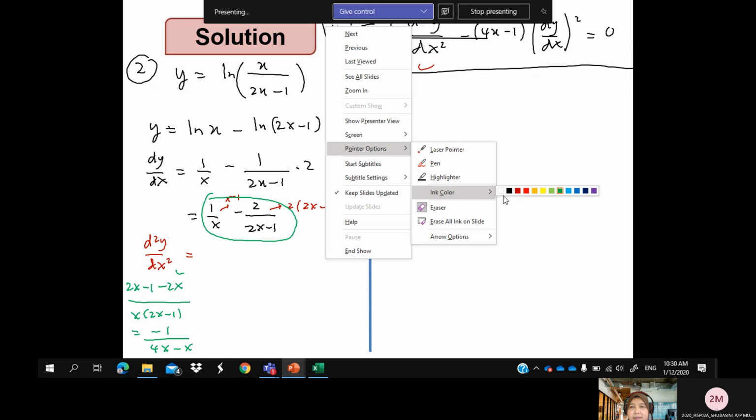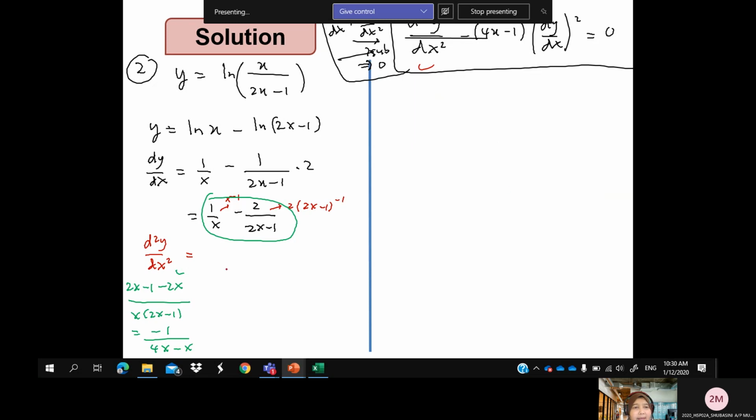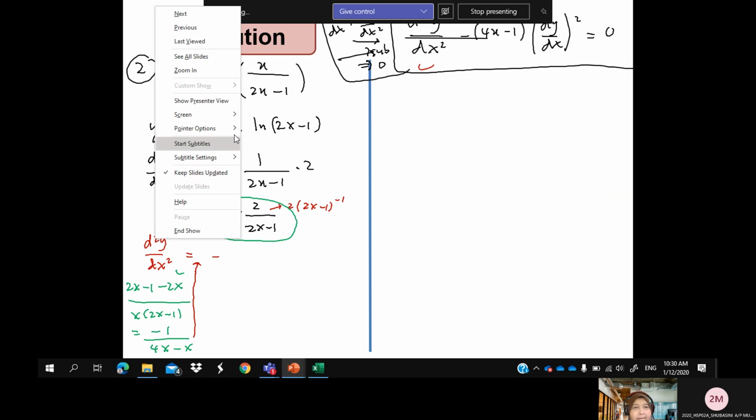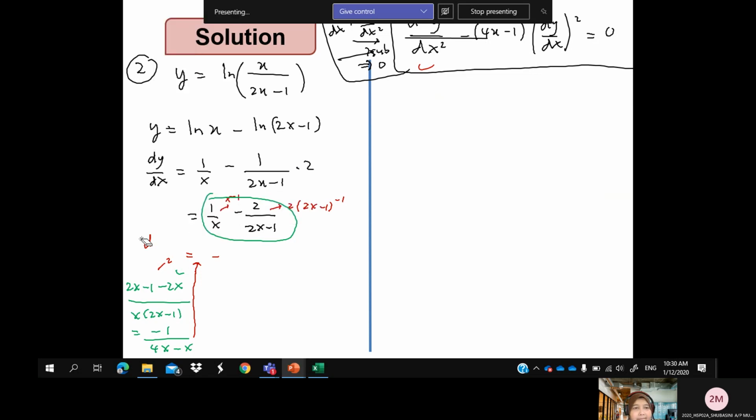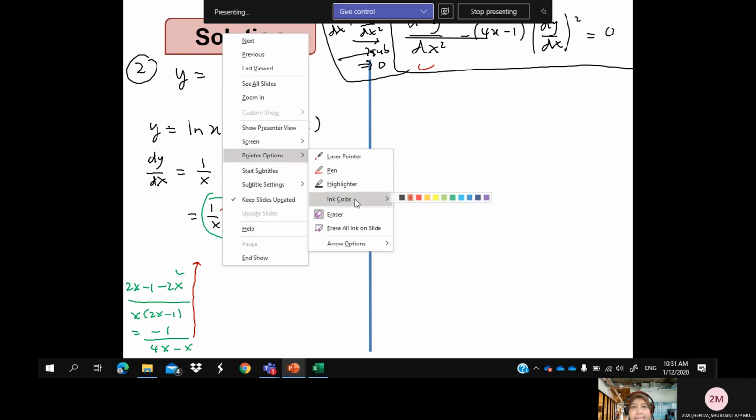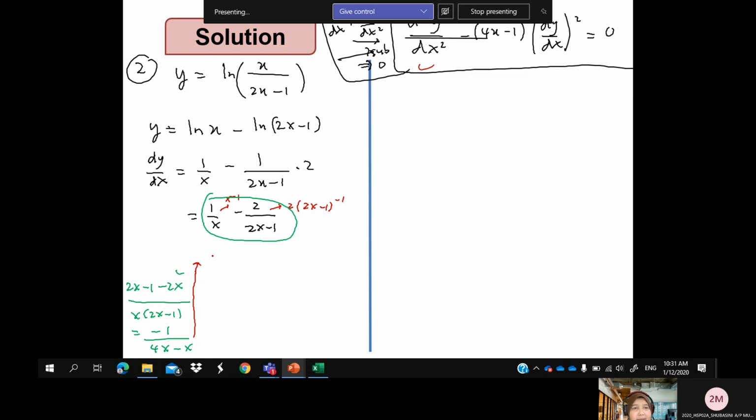Sorry. Let's try to differentiate this. Negative, still wait. So dy dx is negative 4x minus x. Let's try a second time. If not okay, it's complicated, we do the first method.